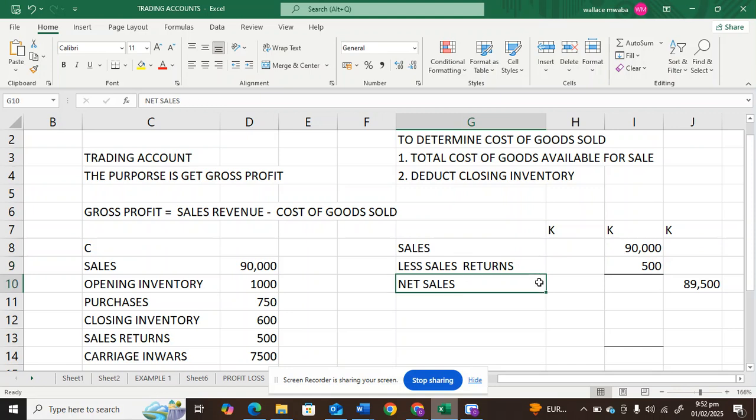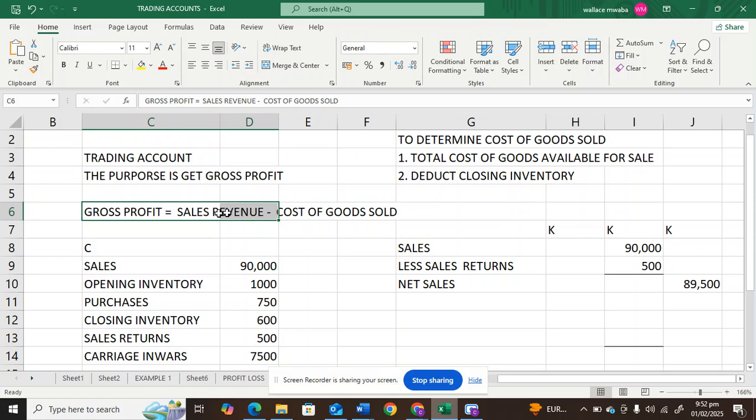Okay, the next thing that we need to tabulate now, we've done the first part of this formula here. We've got our sales revenue. Next, we need to tabulate the cost of goods sold. In order to determine your cost of goods sold, you need to find the total cost of goods available for sale. This is the total value of the goods that you had at the beginning of the year and the goods that you bought throughout the year.